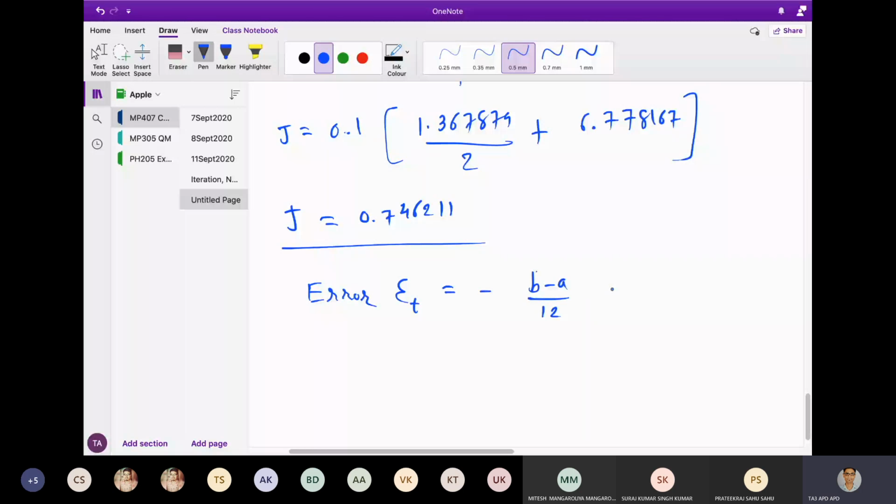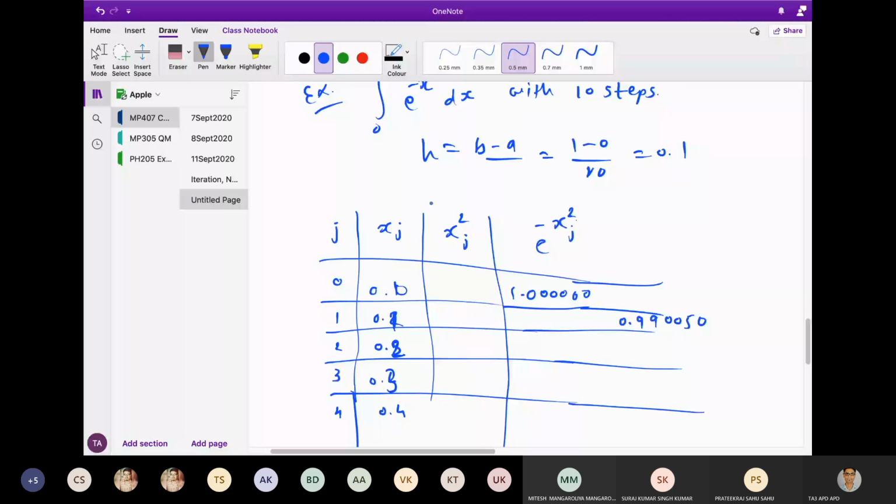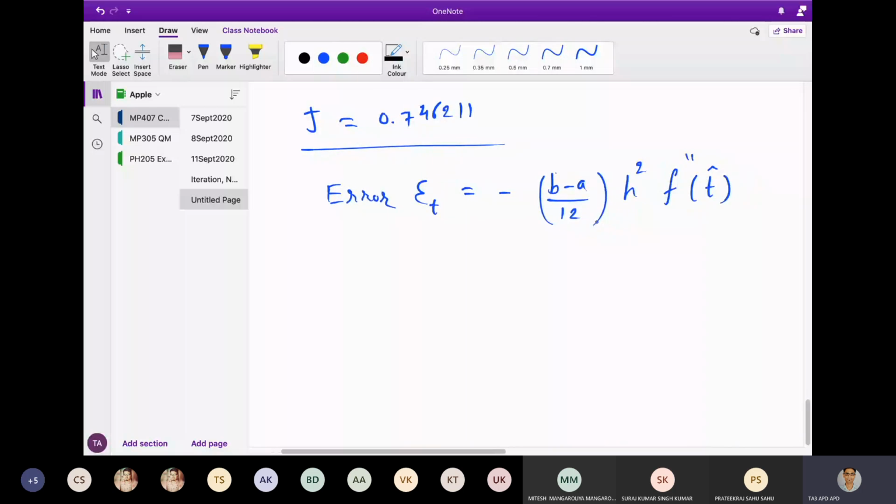So that's the formula for this error. I'm writing it directly. h square f double prime of your function t. Okay, this is the time interval, or the limit interval that we have. Like in this particular case, it is 0 to 1. So this is how the error is actually estimated.